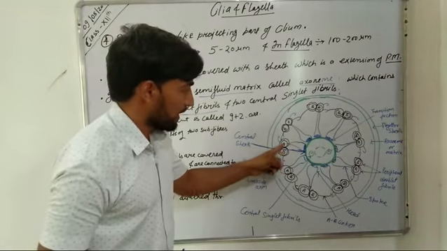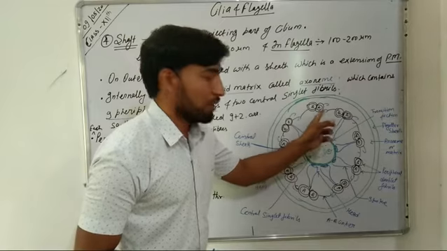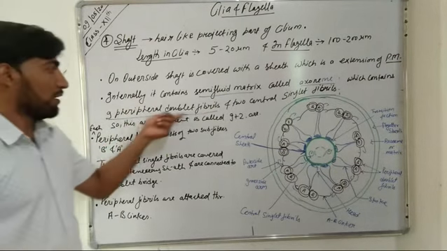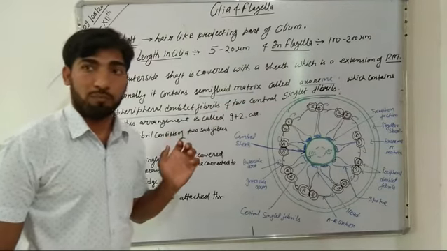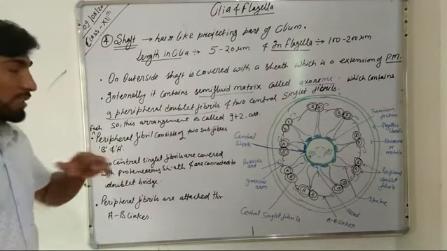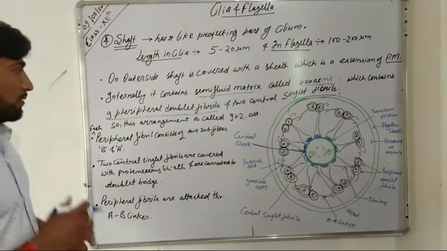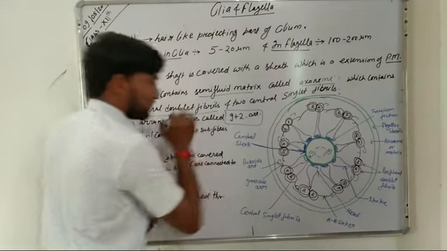These are doublet fibrils because each has 2 fibrils, A and B. So it has 9 peripheral doublet fibers and 2 central singlet fibers. This arrangement is known as the 9+2 arrangement.